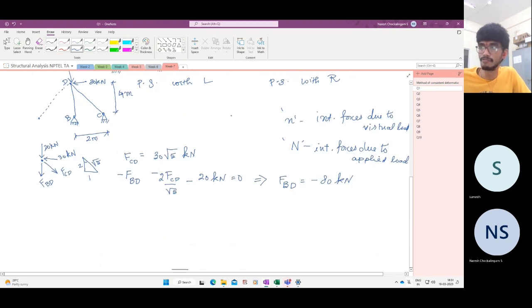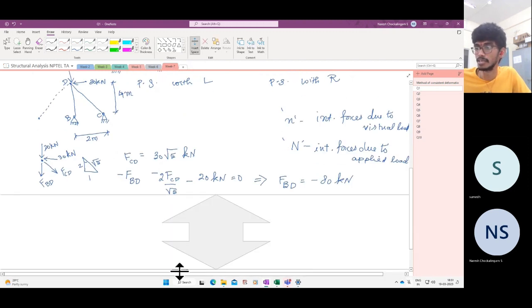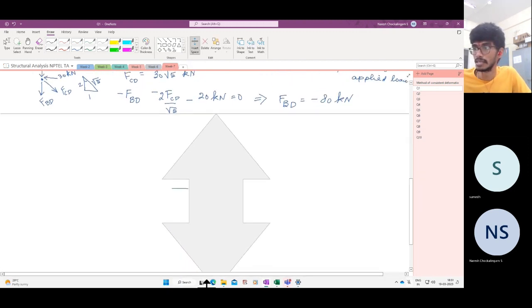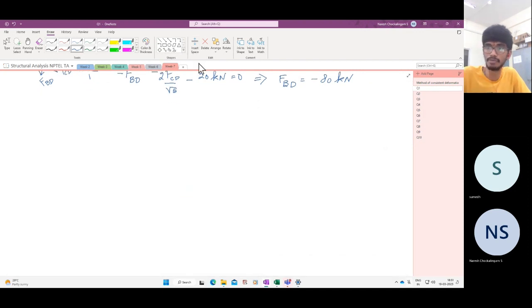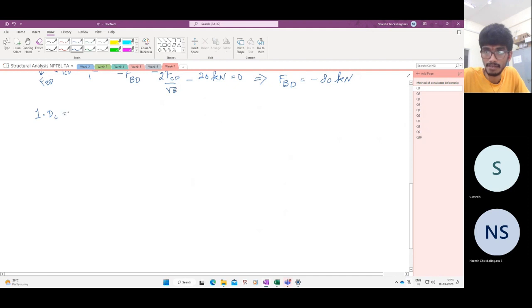So we can use the principle of virtual work, which is the unit load method. We get 1 acting on DL, the work done by the virtual load on the real displacements, equal to the summation of all virtual internal forces acting on real internal displacements: n i L i by A i E.